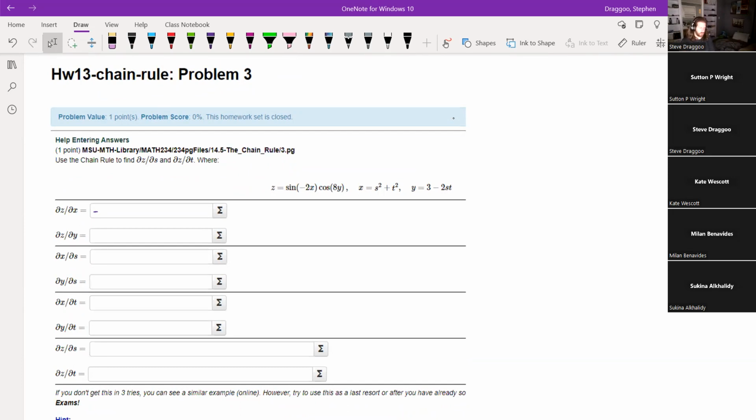We've got a chain rule problem that we're going to do. So what are we after? Ooh, this thing ends up being a complete and total mess. Let's do the easy parts first, and then I might just copy and paste the answers at the end.